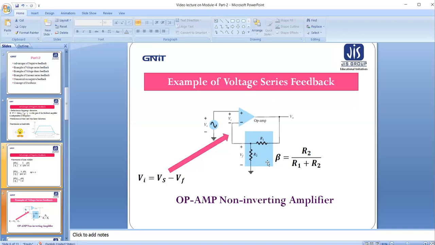So we can say Vs equals Vi plus the feedback voltage Vf, because we see that V0 is producing plus and minus V0. So plus is connected to the negative. Therefore this is the negative feedback circuit. Again, this is a practical circuit of the voltage series feedback.